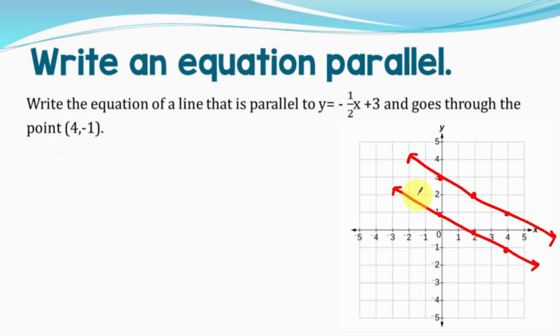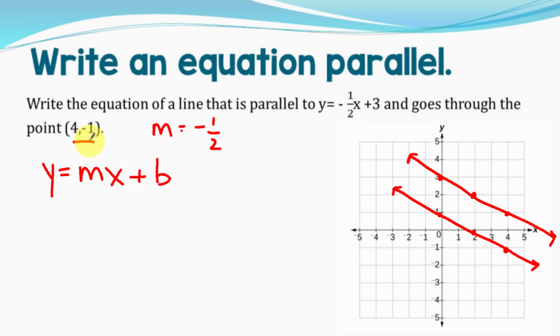So how do we write the equation? Couple steps. First, we have to identify what our slope needs to be of our new equation, and it's going to be equal to that. So it's going to be negative 1/2. So I'm going to use my y equals mx plus b. I'm going to fill in what we know about this line. We know that it goes through the point 4, negative 1.